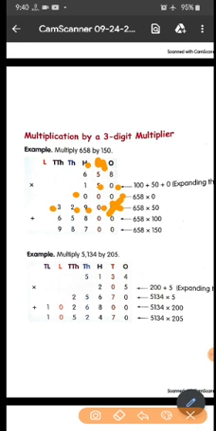Now 1 is at the hundreds place. So we will cross or write 0 on the tens and the ones place, because we are doing multiplication from the hundreds place. So 1 into 8 gives us 8, 1 into 5 gives us 5, and 1 into 6 gives us 6.